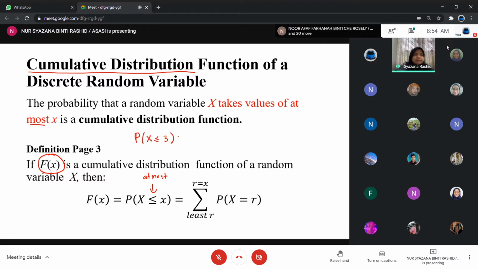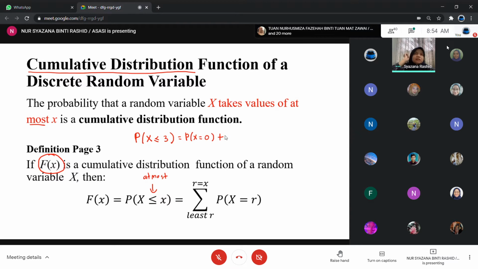At most 3 maksudnya kalau eksperimen coin tadi tu kan yang ada 3 kali baling coin tadi tu. So if at most 3 meaning number of head at most 3. So dia boleh jadi we are considering 0. Okay, maksudnya 0, at most 3 paling besar 3.